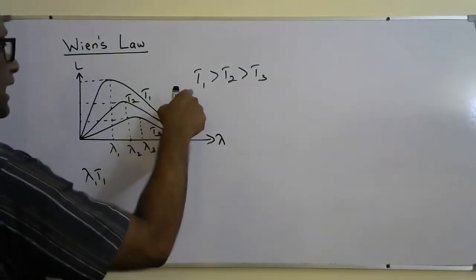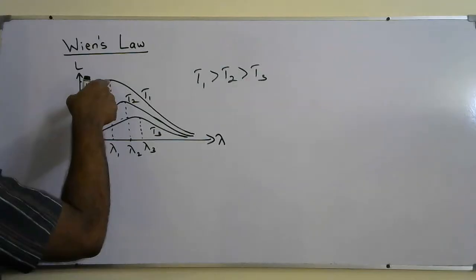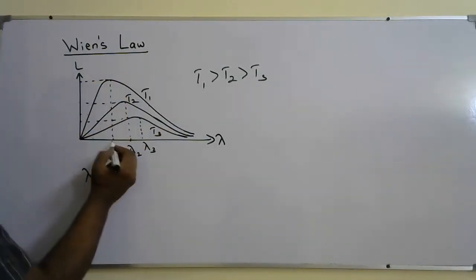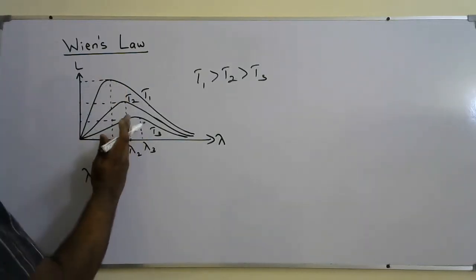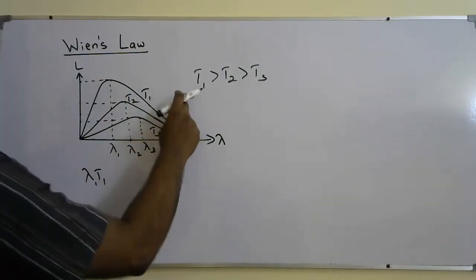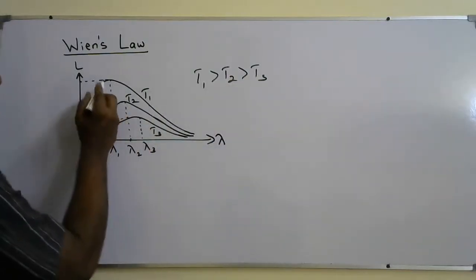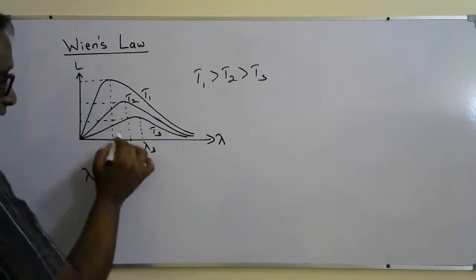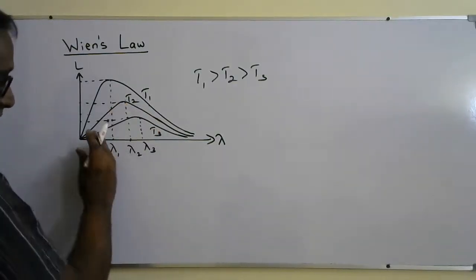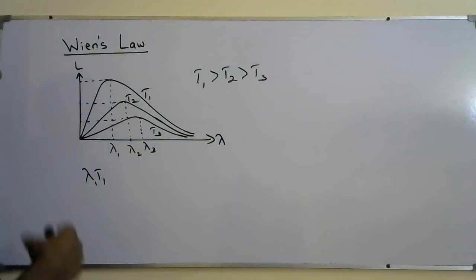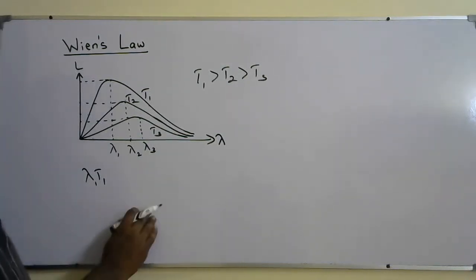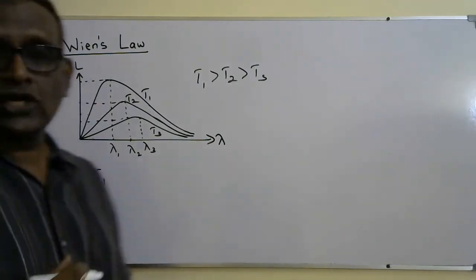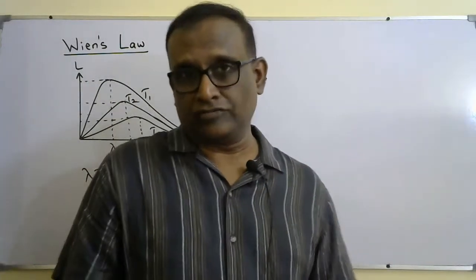When the temperature is the highest, the peak value of the luminosity will be higher, and the wavelength that corresponds to the peak luminosity will become smaller. As the temperature decreases, the peak luminosity will decrease, and the wavelength that corresponds to the peak luminosity will increase. So he found a relationship between the wavelength that corresponds to the peak luminosity and the temperature of the black body.